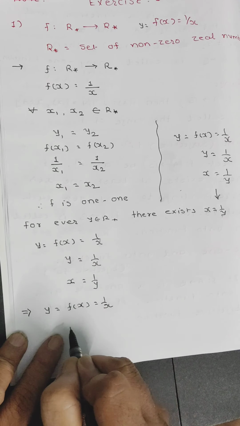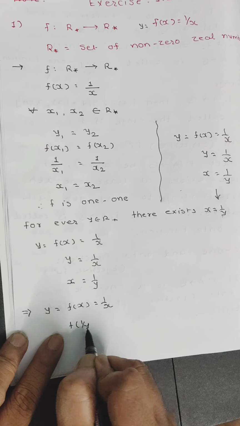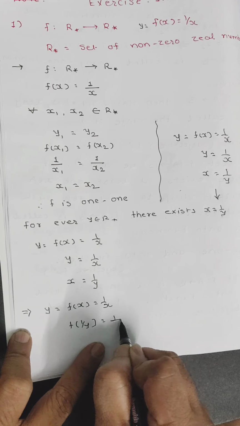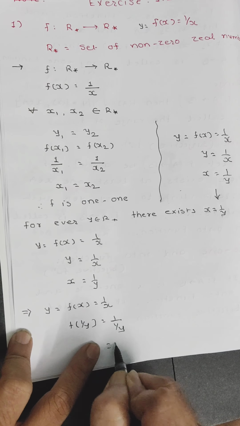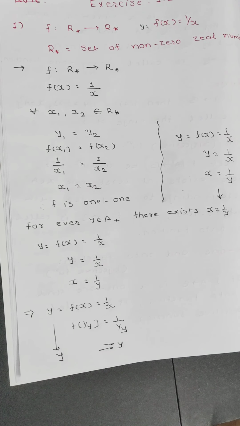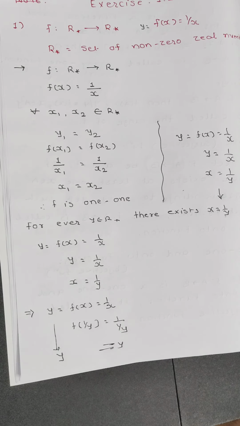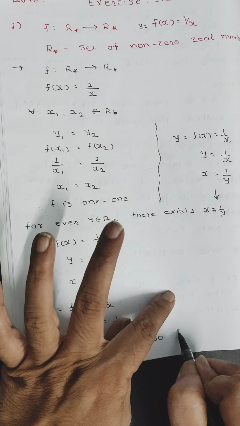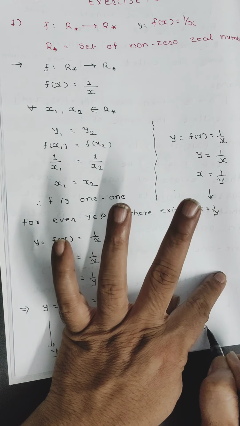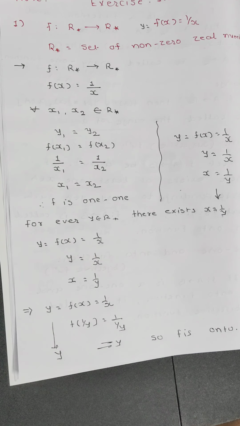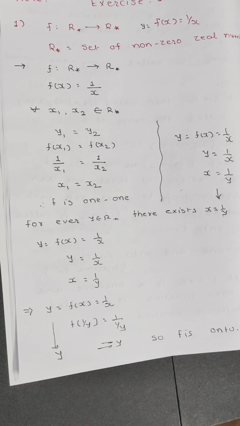What is the value of x? That is 1 upon y. So I will put x equal to 1 upon y, then this will become y. So here y is equal to y. So f is onto. If y is equal to y has come, then the function is onto.